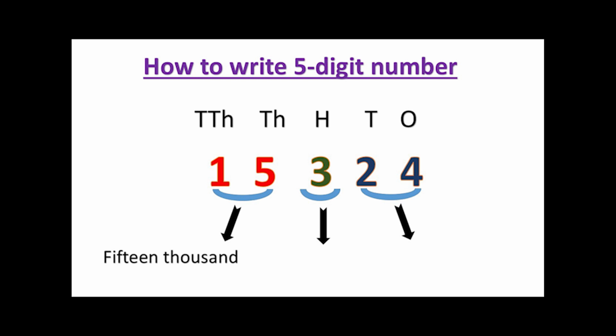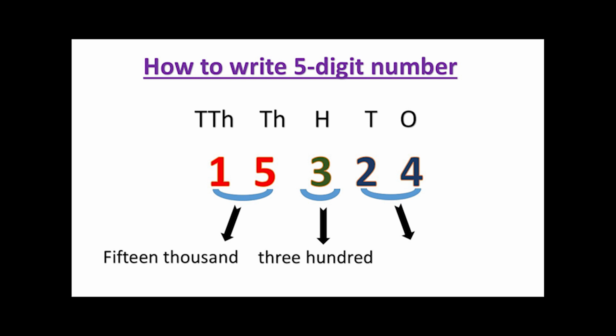So the first part comes from 1 and 5 taken together. 1 and 5 taken together is 15. Because it is in the thousands place, we write it as 15,000.